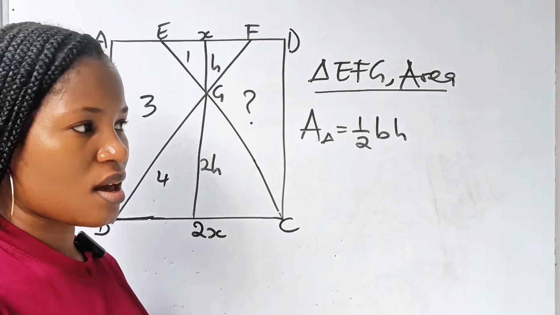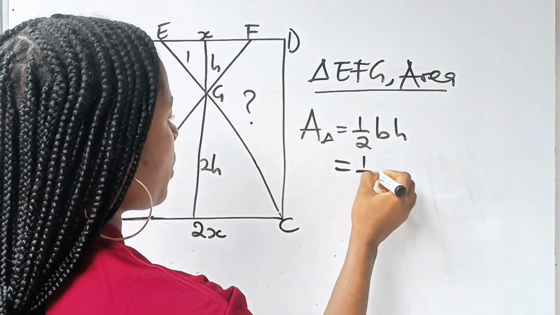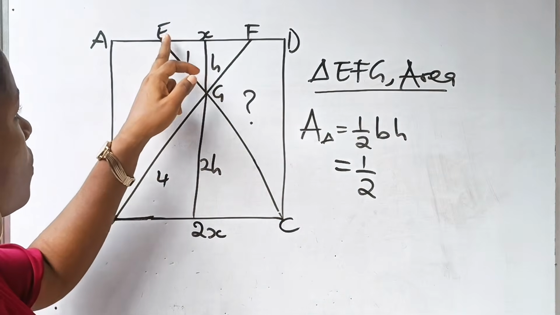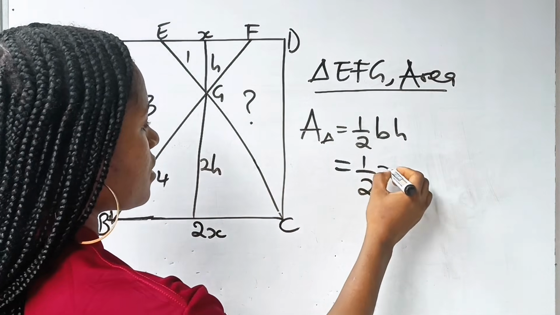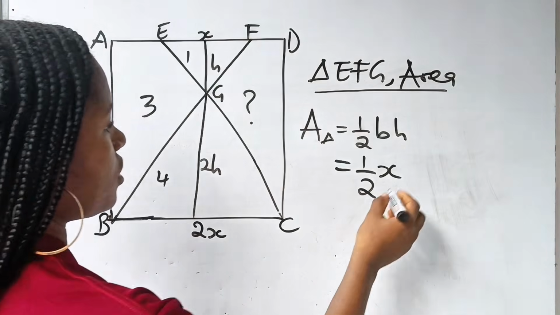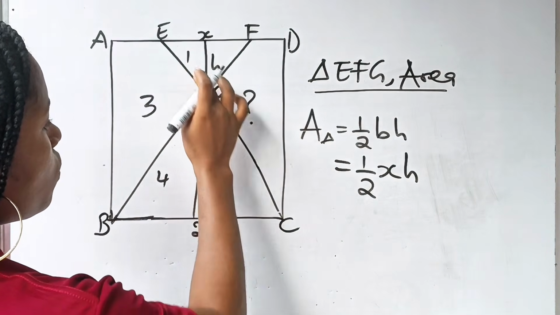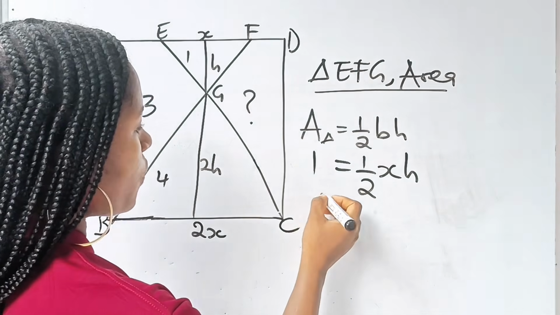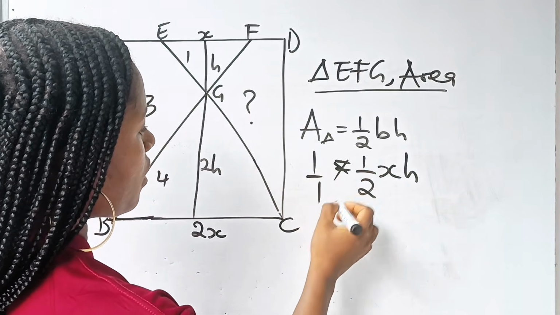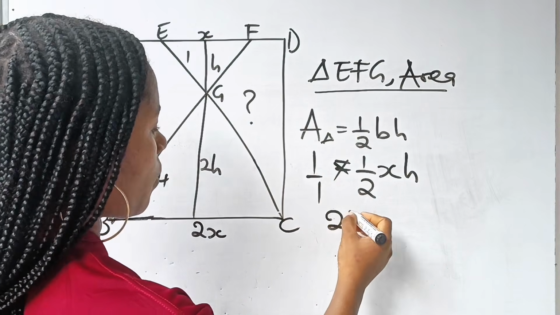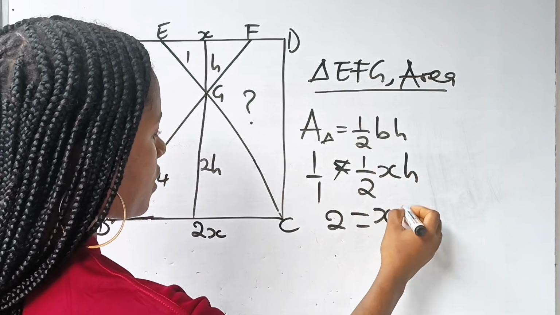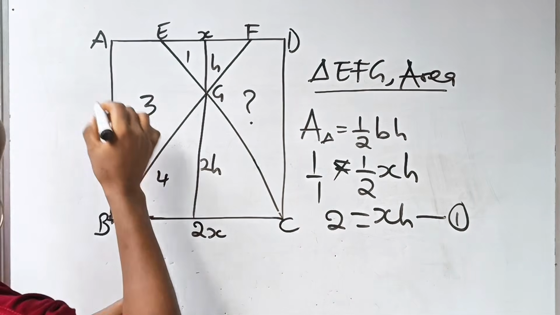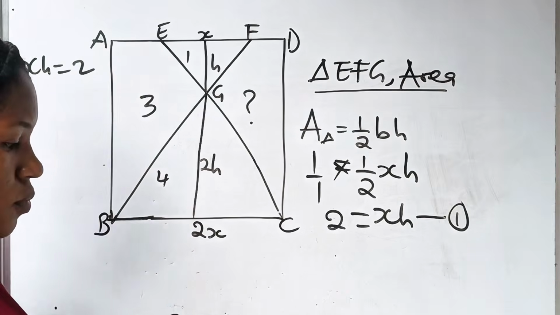So this will be half multiplied by the base, which is x, and the height is h. The area is already given as 1. So we can say 1 is equal to half xh. If we cross multiply, we have 2 is equal to xh. We're going to keep this aside and call it equation 1: xh is equal to 2.